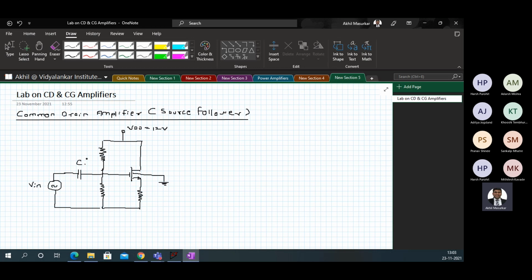And next, this is R1, R2, RS, and we will be taking the output from this point. This is C0.